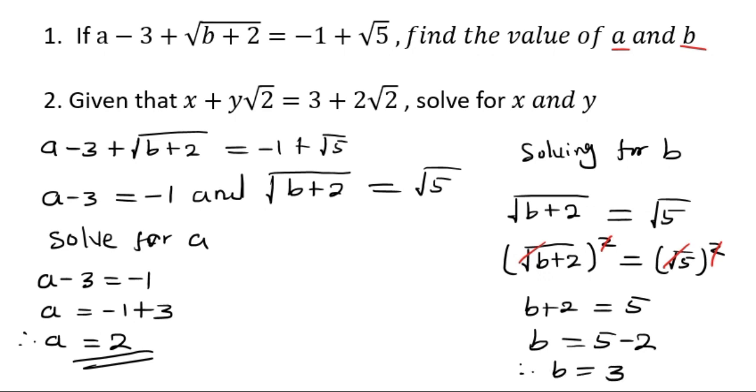So we can draw the conclusion that the values of a and b are: a equals 2 and b equals what? 3. Okay, so let's take a look at question number 2.